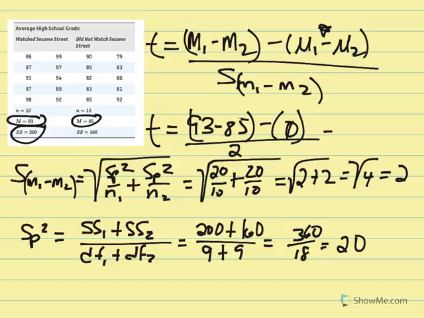So 93 minus 85 was a mean difference of 8 divided by our estimated standard error of the mean difference of 2, and we get a t-value equal to 4. Again, we had gone through all of these calculations in example 10.1, but for the sake of greater exposure and walking you through the steps again, I thought it was important to revisit the calculations that enabled us to produce our t-statistic.